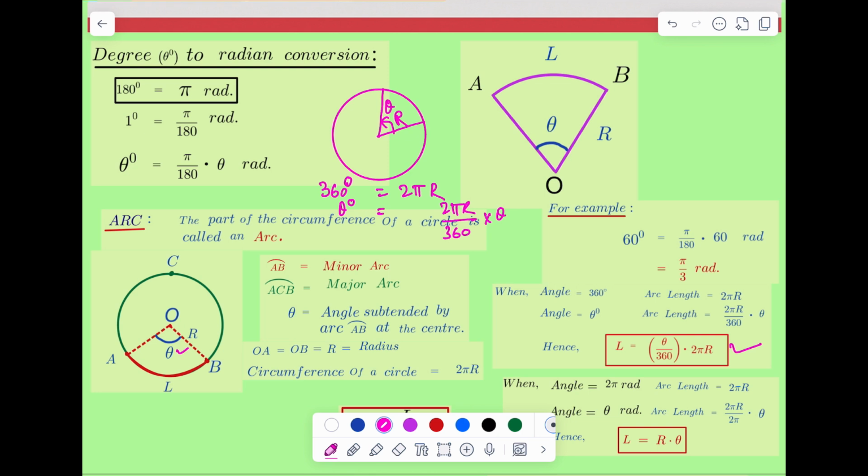This is the length of the arc. And here theta is in degrees. You have to be cautious, here theta is in degrees.